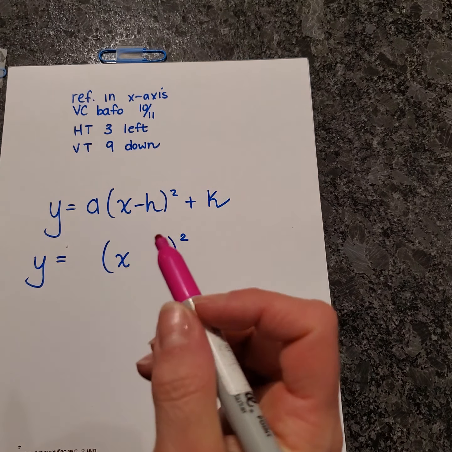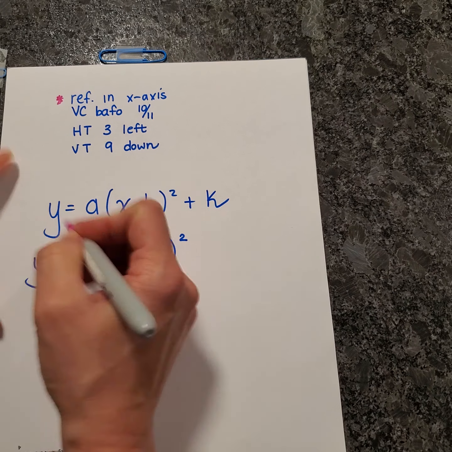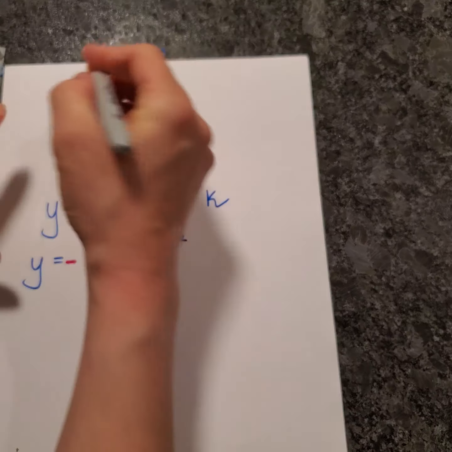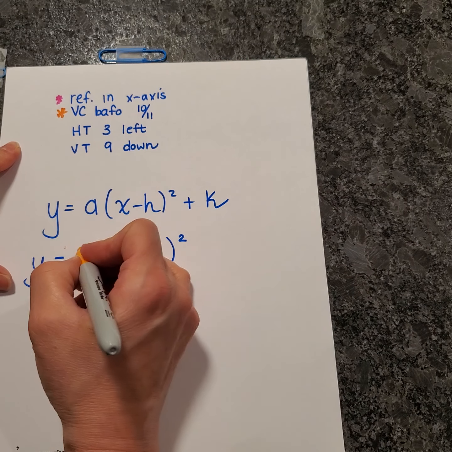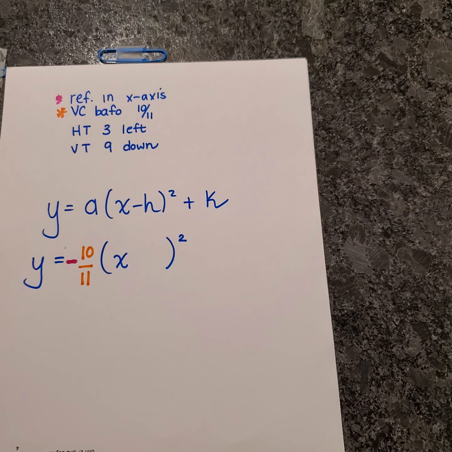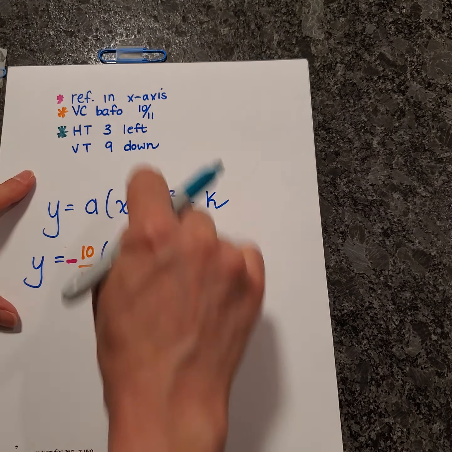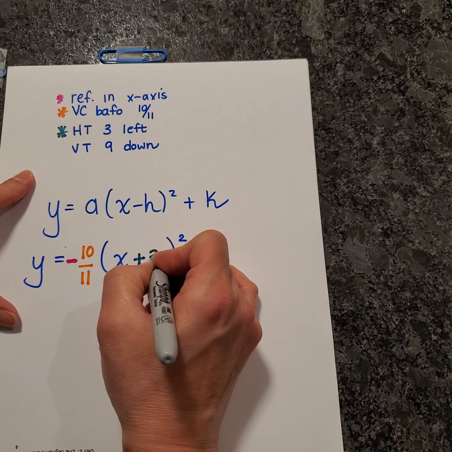Okay, so the fact that there was a reflection in the x-axis means this guy needs to be negative. Done. The fact that there was a vertical compression by a factor of 10/11 means this needs to be 10/11. Awesome. The fact that it was horizontally translated 3 units to the left. Remember, we're putting this in a bracket, so it's like we're being lied to.